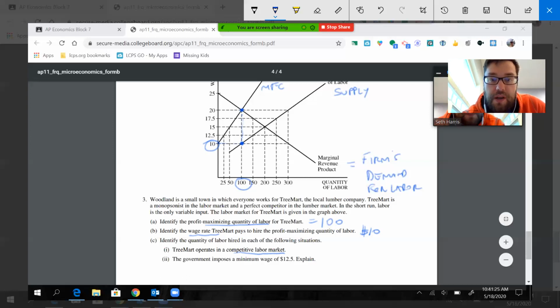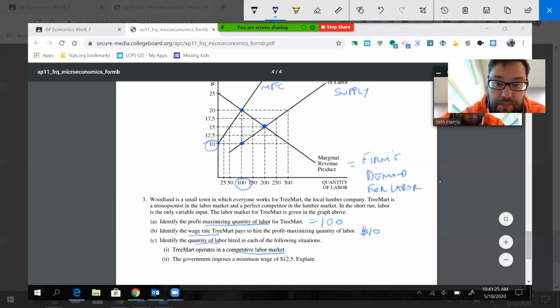Well, they would hire where demand for labor equals supply of labor. So where these two curves intersect up here would be the natural clearing point of a competitive market. The question is about the quantity. We don't have to say the price, but the price would be a little bit higher, obviously.